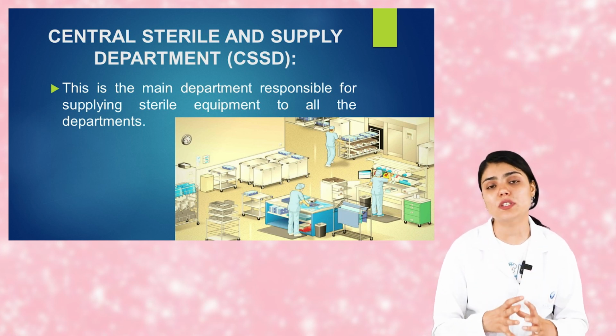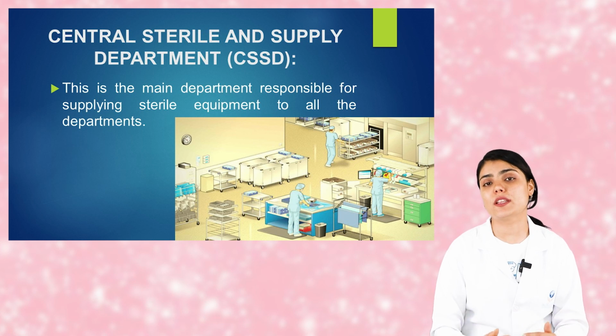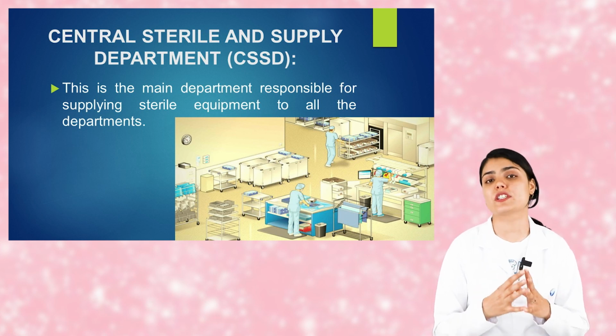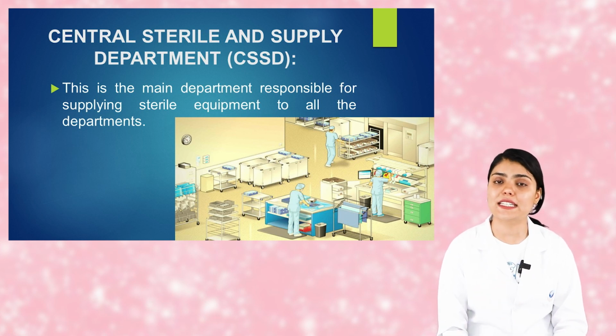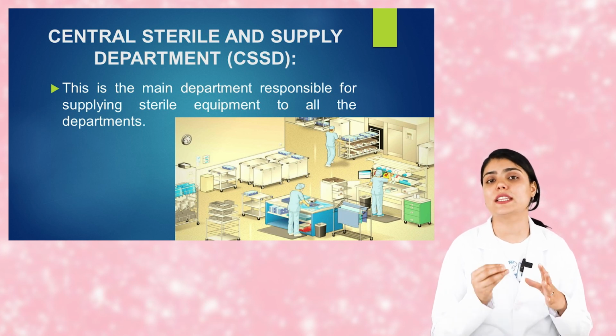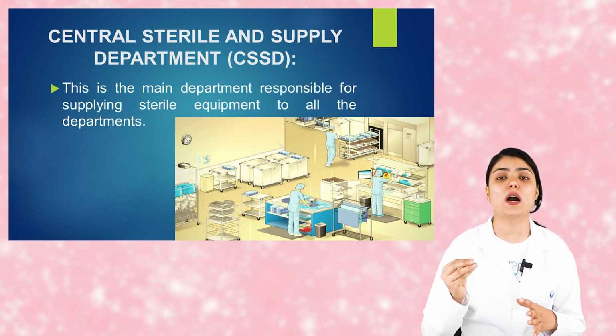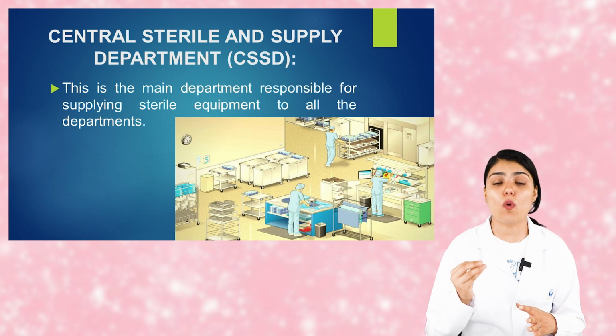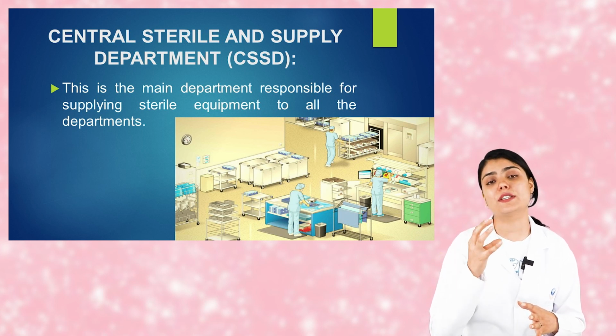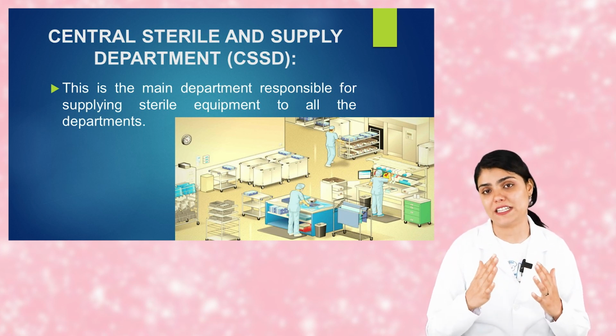CSSD is one of the most important departments within the hospital, and its major responsibility is to ensure that sterile equipment reaches each and every ward and each and every department wherever it is required. Let us now see what functions are carried out by the Central Sterile and Supply Department.